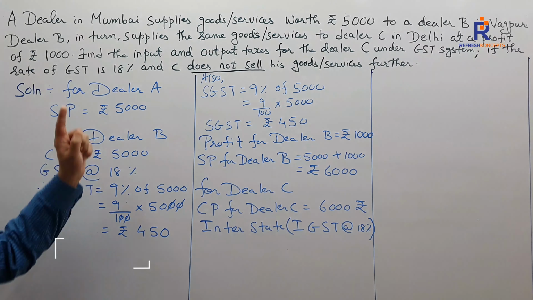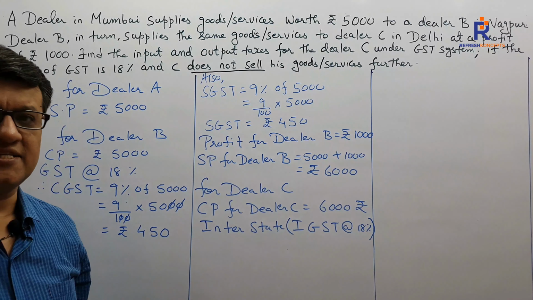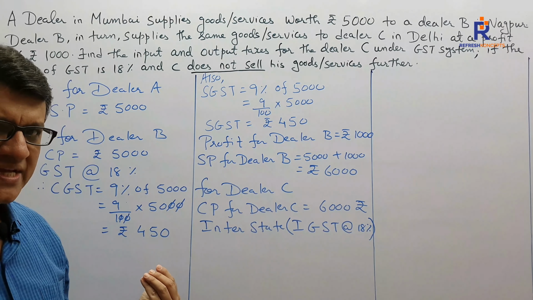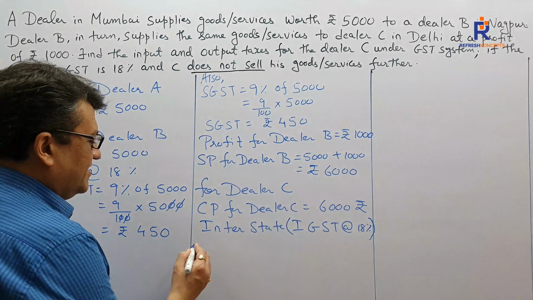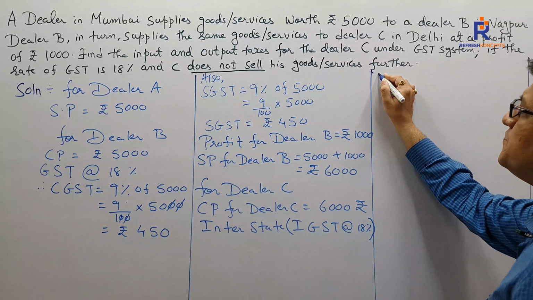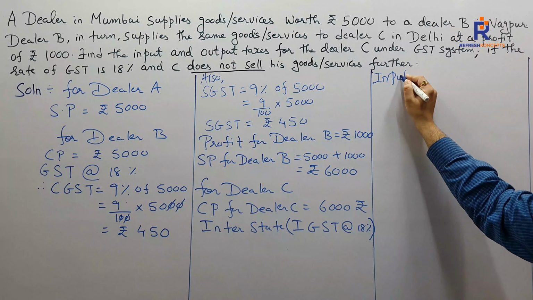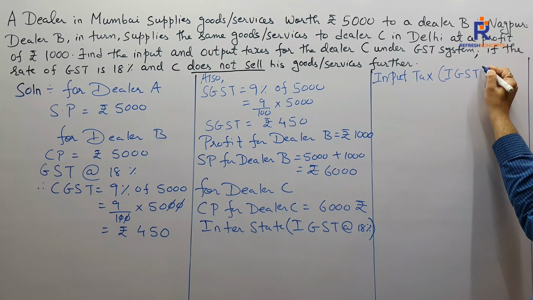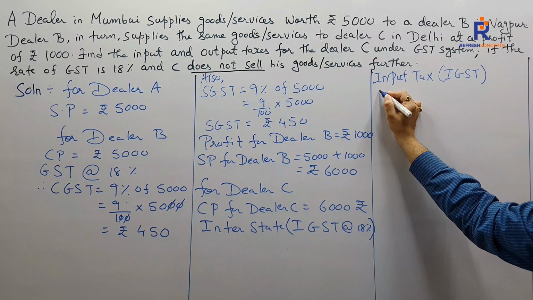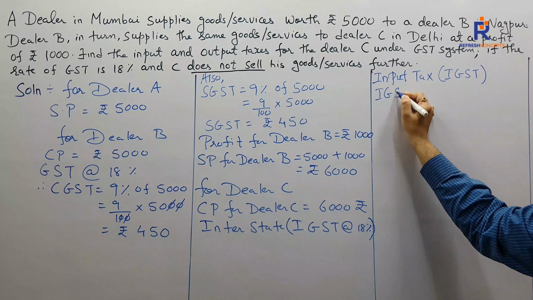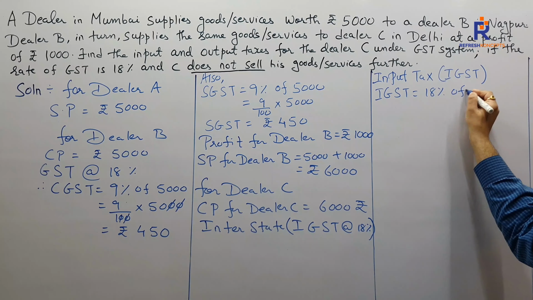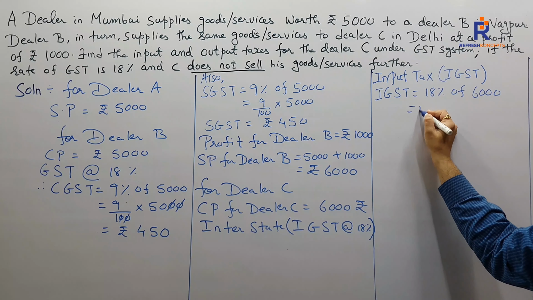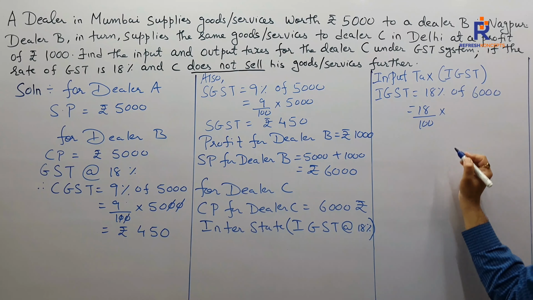Now we need to find out the input tax and the output tax. Naturally, dealer C is purchasing, so he has to pay the tax. So what shall be the input tax? That input tax will be in terms of IGST, which is at the rate 18%. So how much is that amount paid? IGST is 18% of 6000. 18 by 100 of 6000.